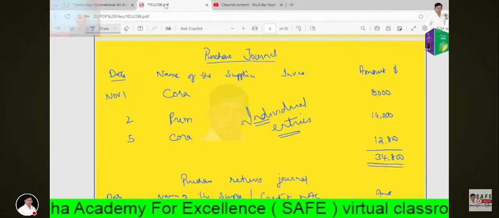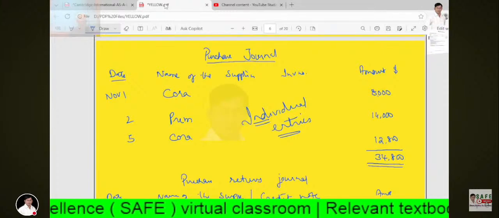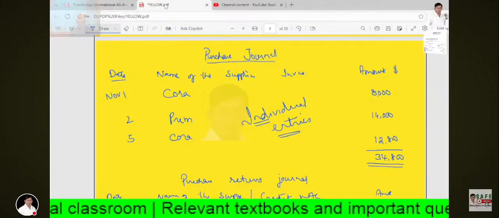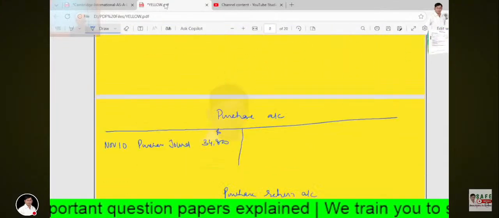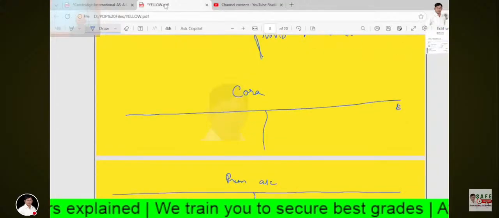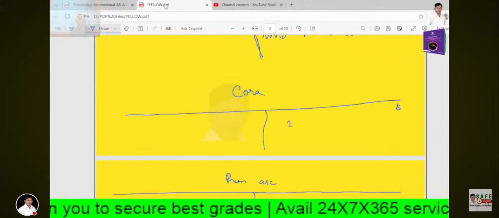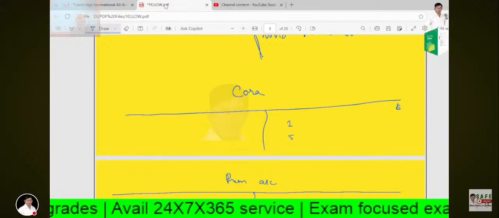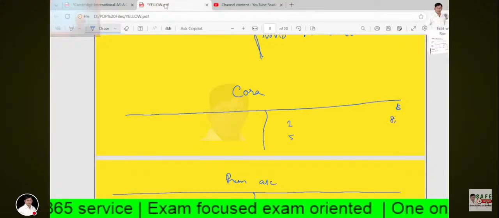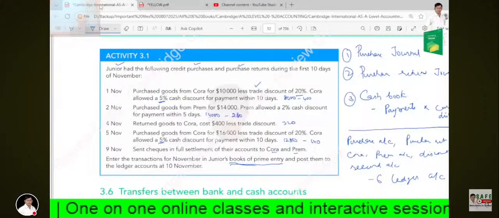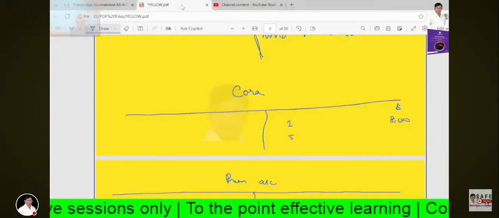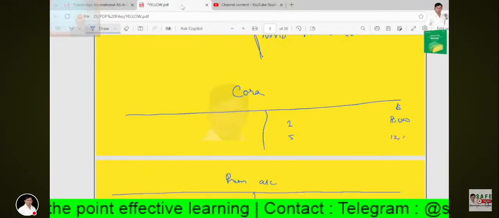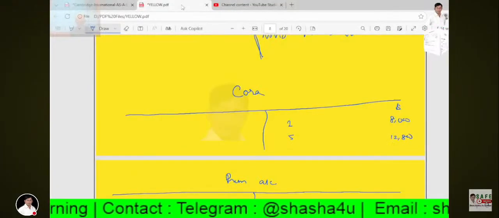From Cora we have purchased on 1st and 5th. On 1st it is 8,000. On 5th it is 4,800.